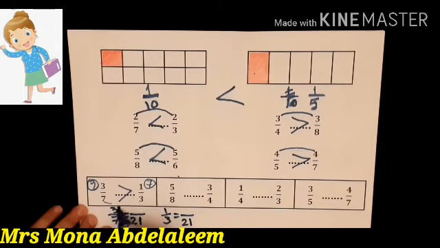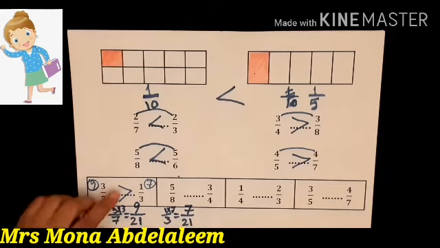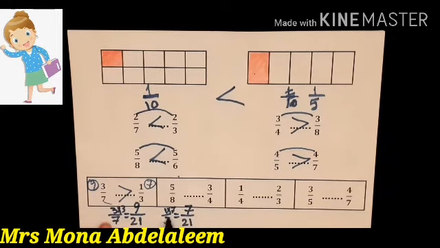So 3 multiply 3, 9. 3 becomes 21, multiply 7. 1 times 7, 7. So which is greater, 9 over 21 or 7 over 21? 9 over 21. So 3 over 7 is greater than 1 over 3.